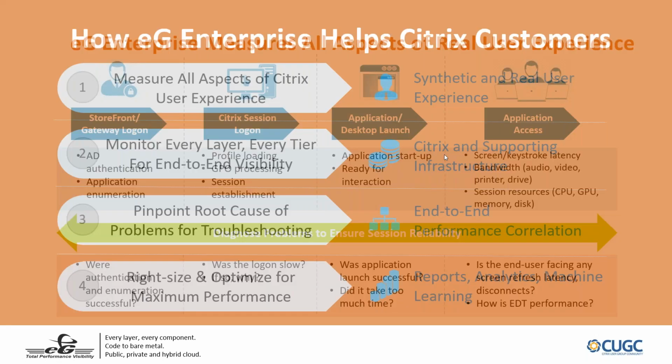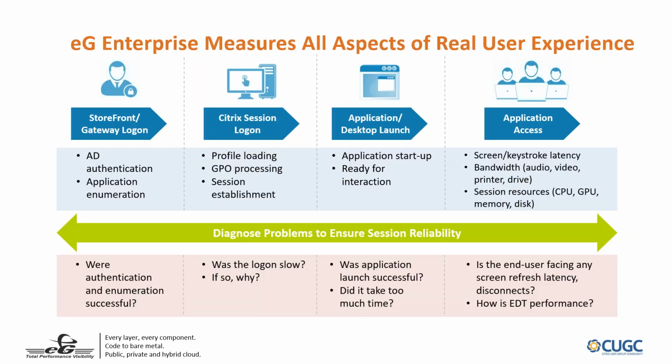Here's another breakdown of a user experience and how we monitor it. So starting on the left, you would have your user launch or sign into Storefront or Gateway. They log in, and we are able to monitor every aspect of those steps along the way. So what's their login time like? Is it slow? What part of the login is slow? We can answer those questions.